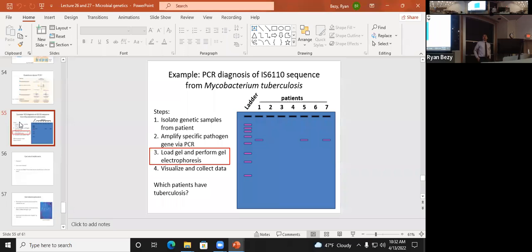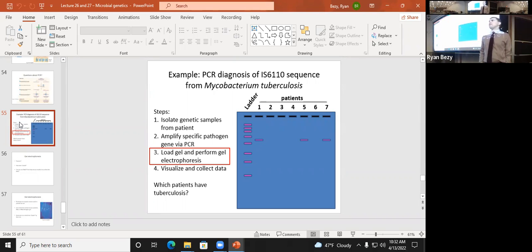So PCR, what does PCR do? Polymerase chain reaction. What's the overall function or purpose of a PCR? Just a PCR in general, not necessarily for diagnosing disease.